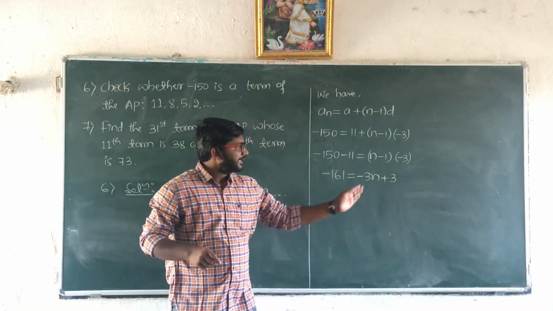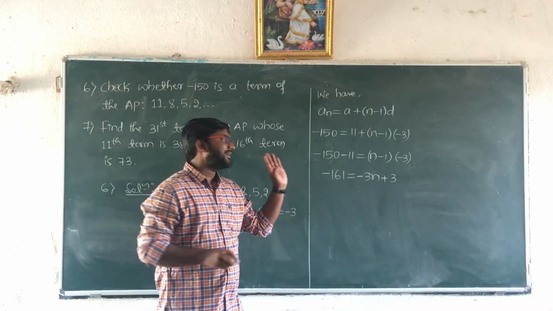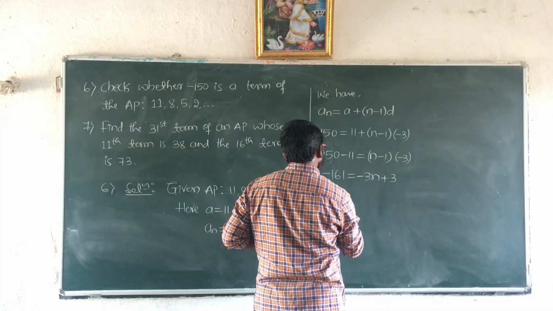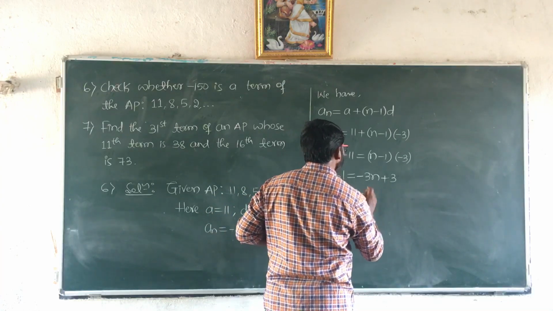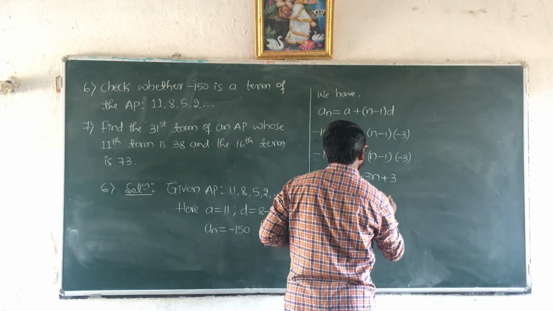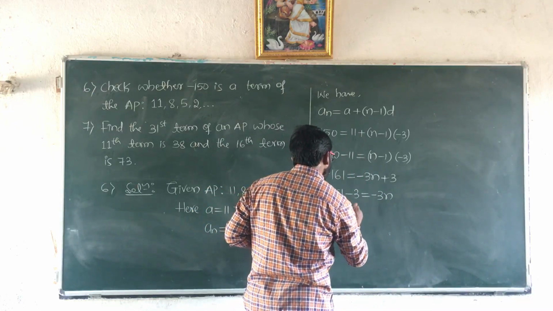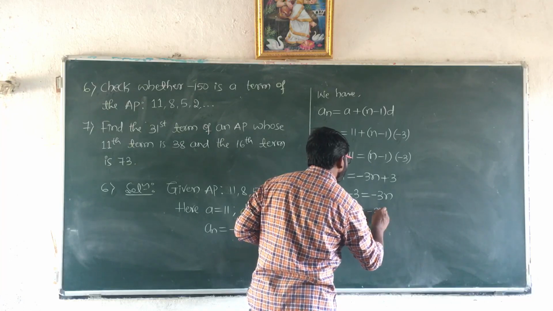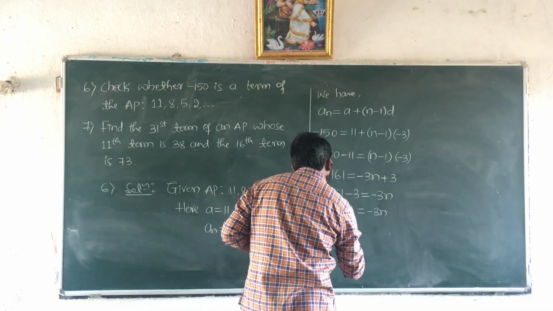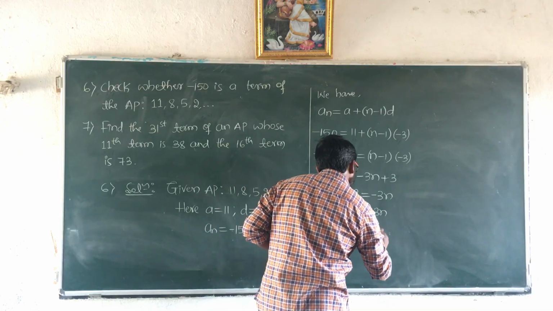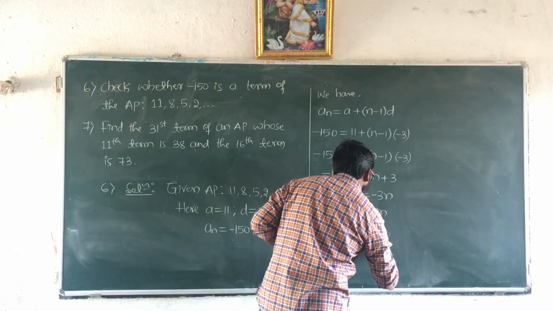So now again take 3 to the LHS, it becomes minus 3. So minus 161 minus 3 is equal to minus 3n. This will give us minus 164, which is equal to minus 3n, or n is equal to minus 164 divided by minus 3.